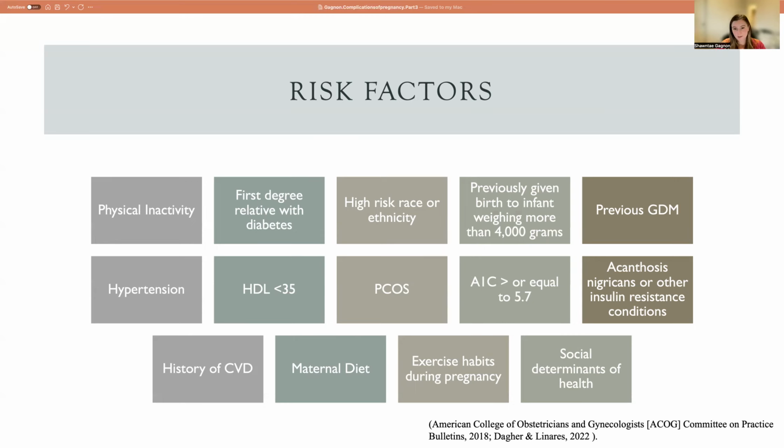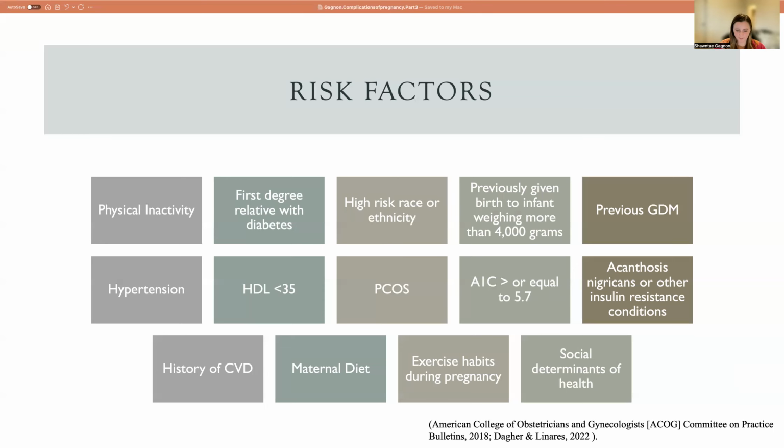Maternal diet can be a risk factor depending on what that diet looks like, and we'll talk about that going forward. And same with exercise habits during pregnancy. That can also be a risk factor depending on what those habits look like, or lack of habits, I guess we could say. And then social determinants of health, different risk factors based on those, which we will talk about more in depth as we go along.